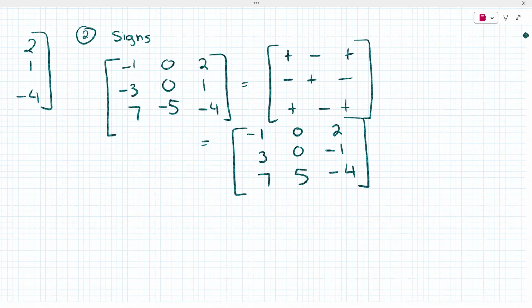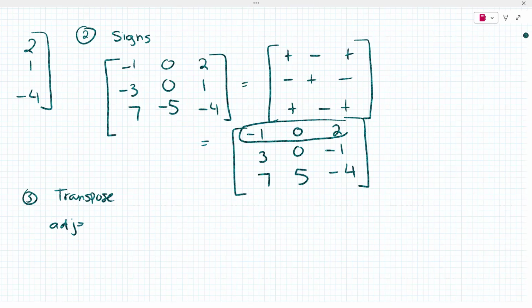Step 3, do the transpose to get your adjugate. So imagine using this row, putting it down vertically, right? That will be -1, 0, 2.